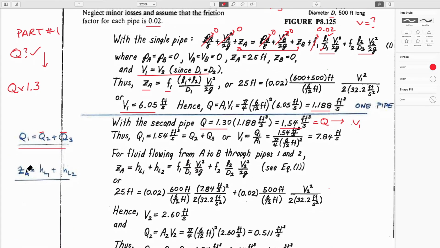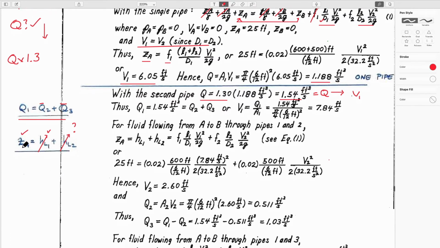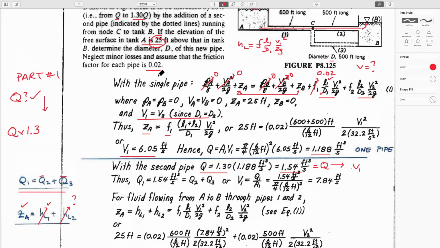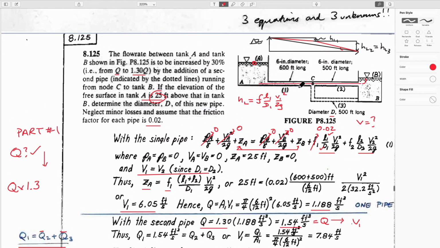So delta ZA is equal to the drop on the first part, which we know. We know that this is 25 feet. We don't know what this is. But if we know what this is and we know what this is, we definitely know what this is now, right? By subtracting.